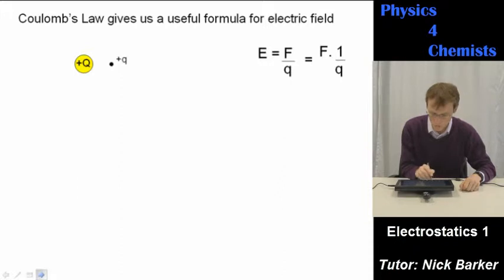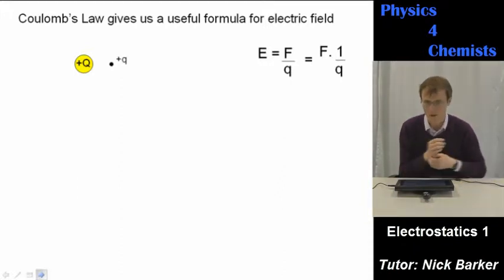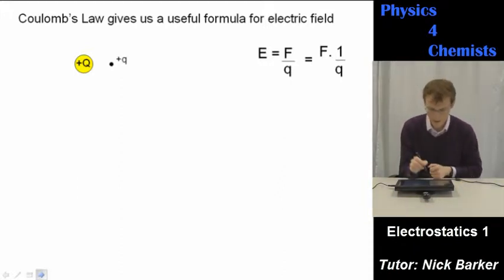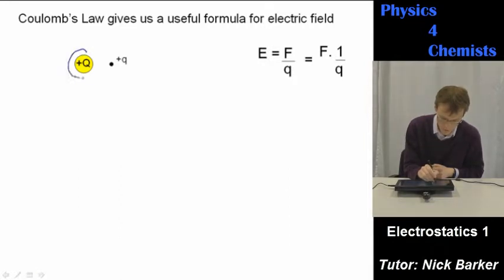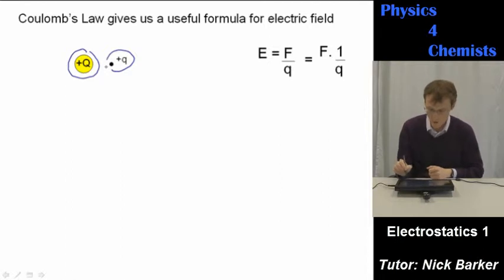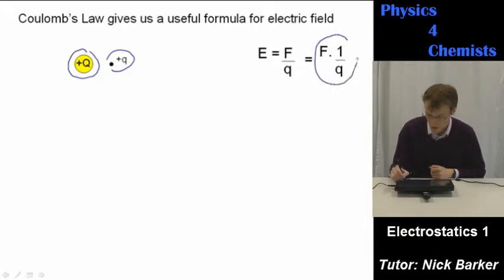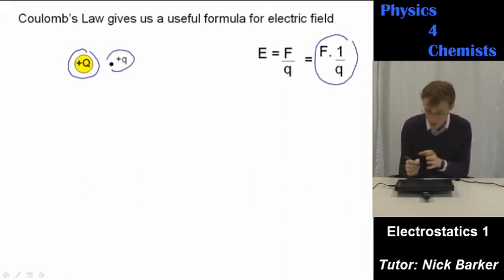Now, Coulomb's law gives us a useful formula for electrical field. Here's the larger of the two charged objects, and there's our test charge here. And so we've got this formula that we're happy with, that E is equal to F over Q. And this one here is the same formula. We've just drawn them out, okay?